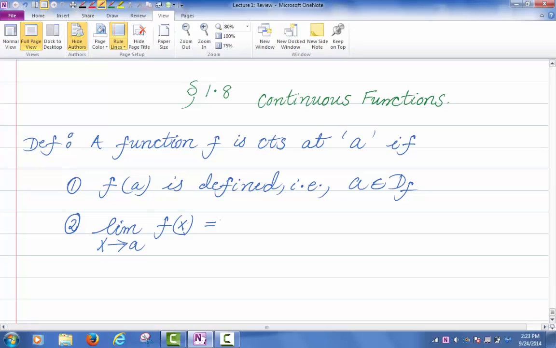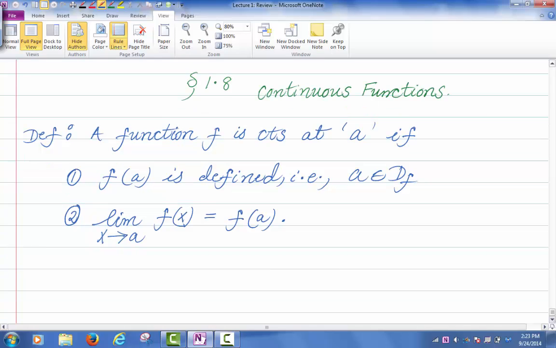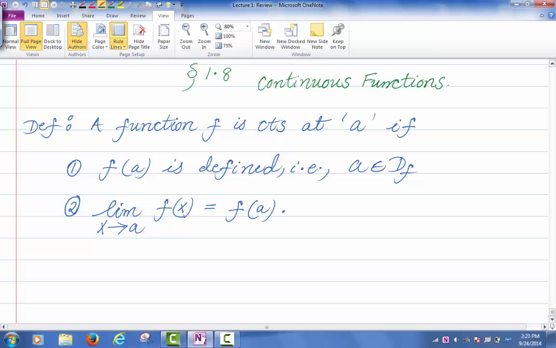So the second requirement is that the limit of f at a is in fact the same as the value of the function at a. So that's what we mean when we say that f is continuous at a number.